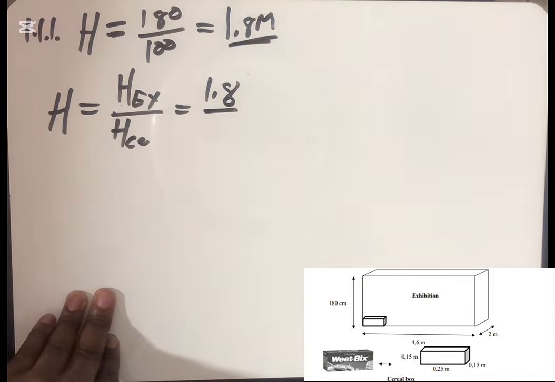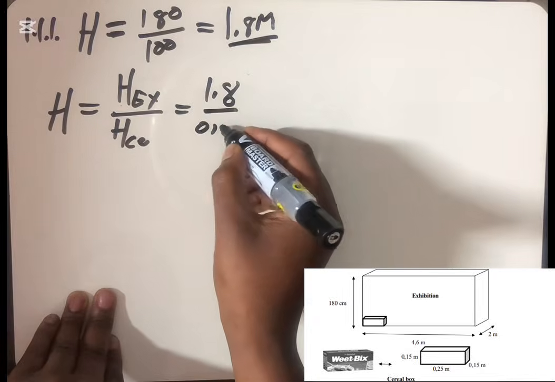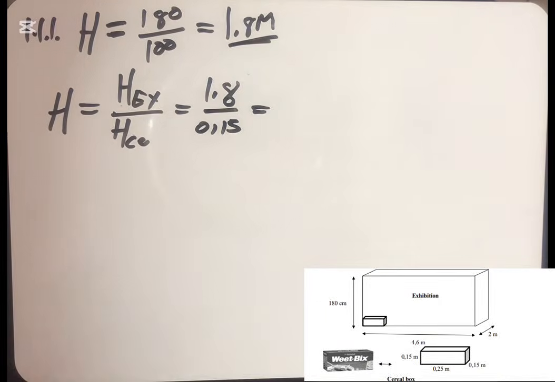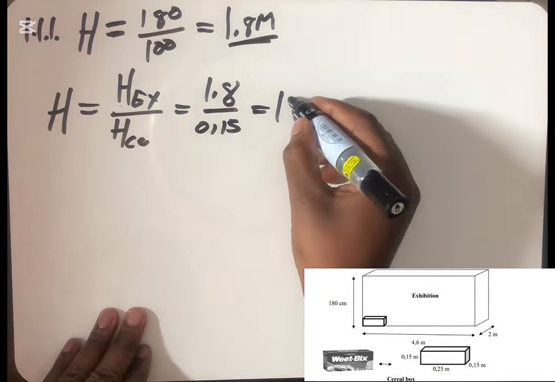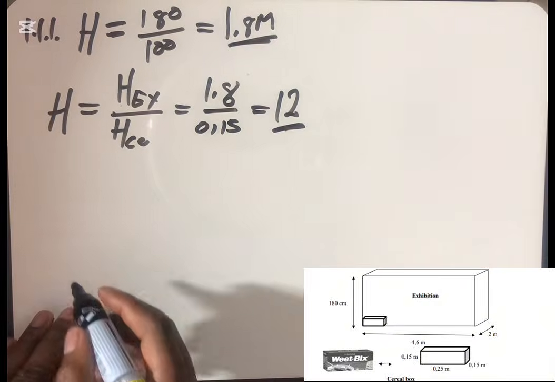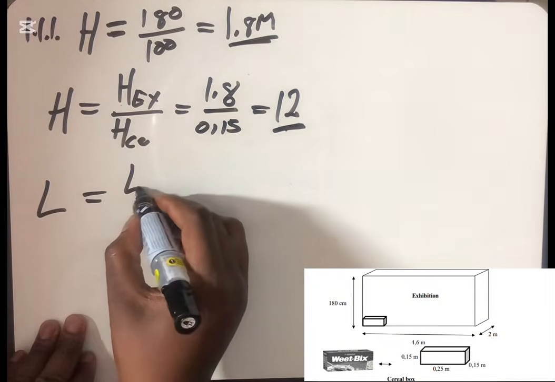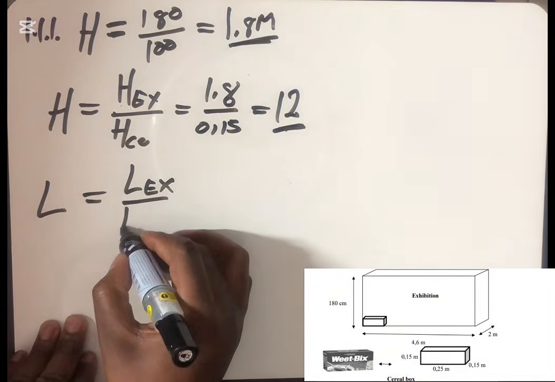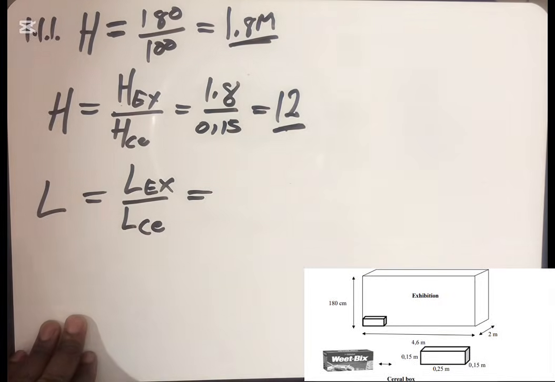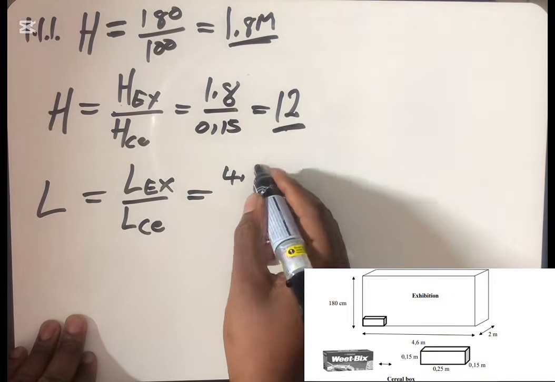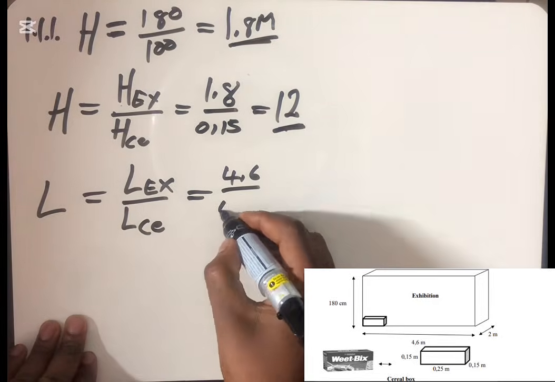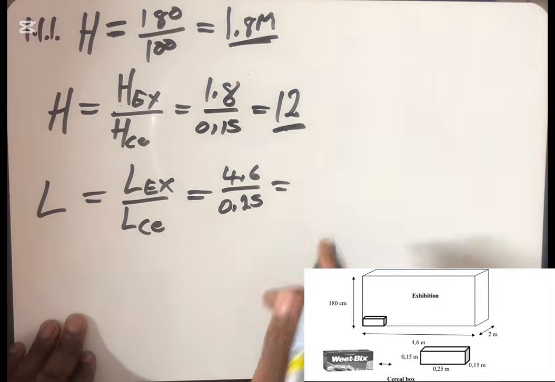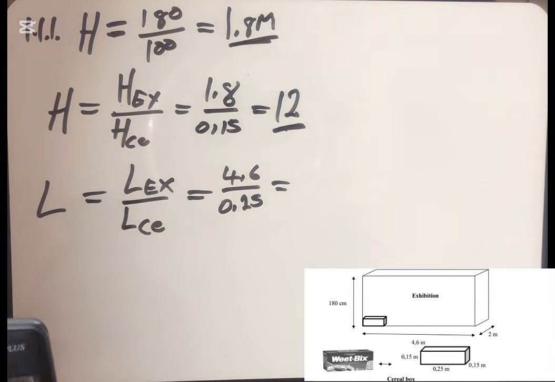Then for the cereal box, the height is 0.15. Then 1.8 divided by 0.15 is going to be 12. In respect of height, there are going to be 12 of them. We go to length. Length of exhibition divided by length of cereal. Let's check. 4.6 divided by 0.25, which will give us 18 of them.